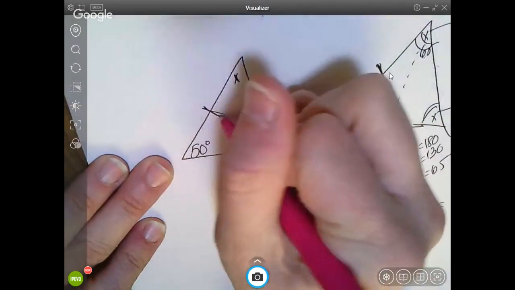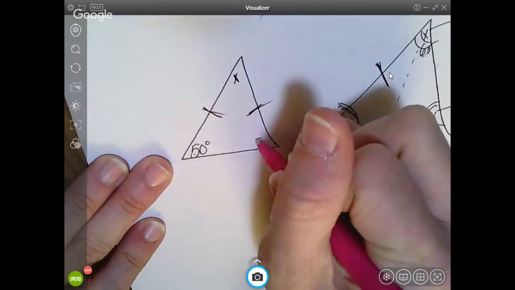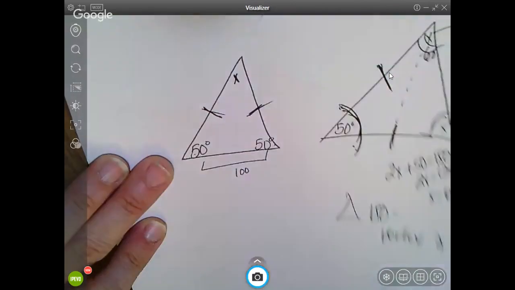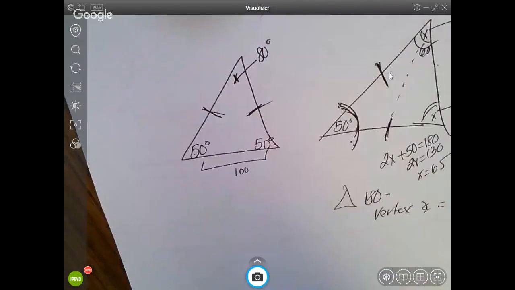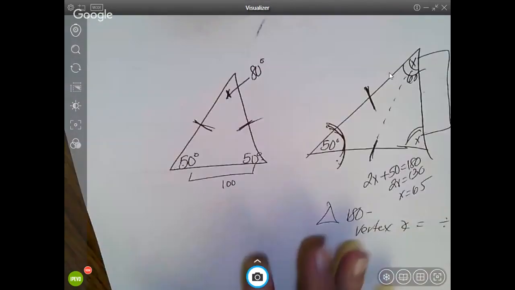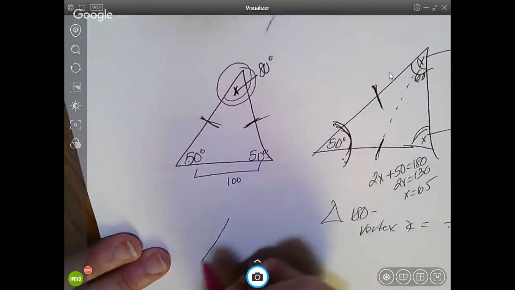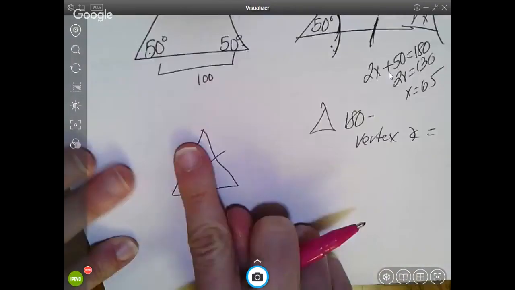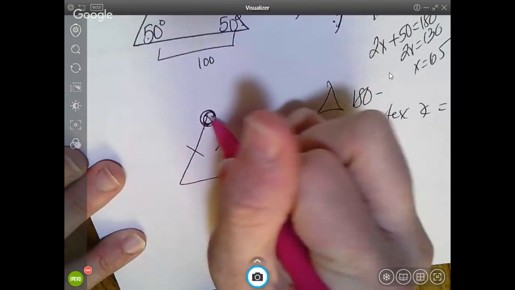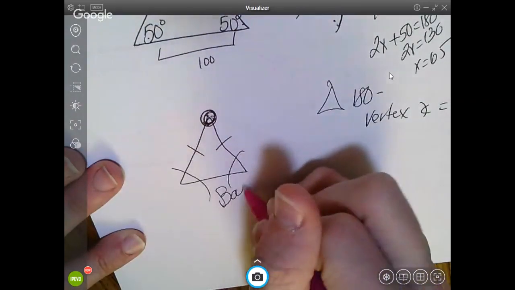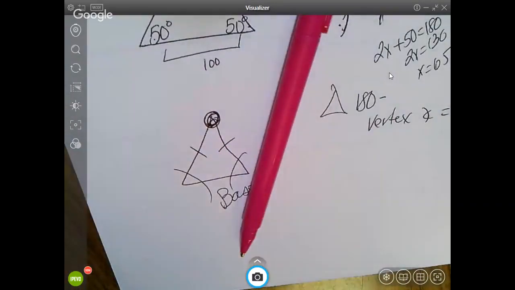So because this is the isosceles, this is 50, this is 50, which means it's 100. So this has to be 80. The vertex angle is the angle in an isosceles triangle that's not equal. So if this is our isosceles triangle, these sides are the same, this has to be the vertex. These other two angles are called base angles. Okay.